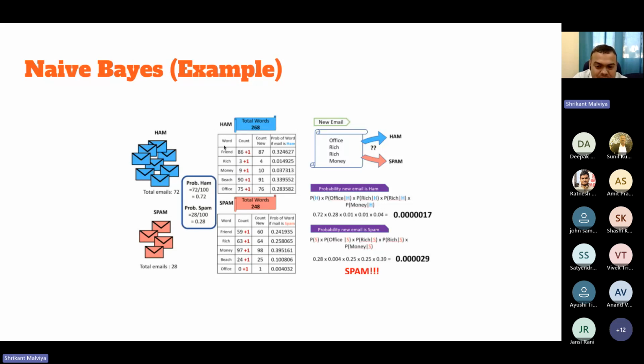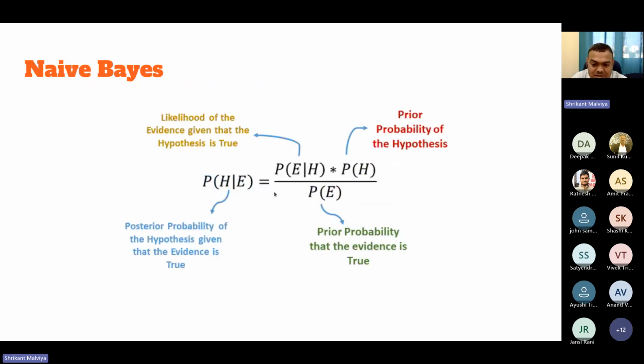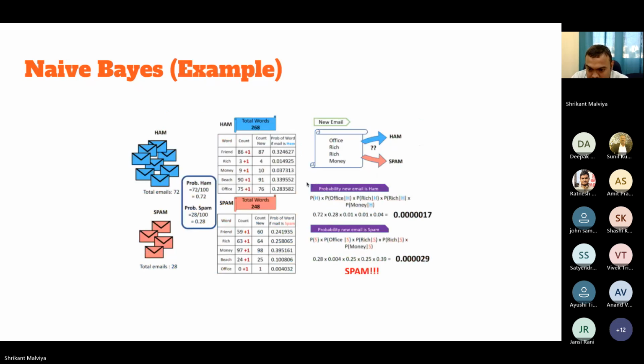These probabilities are nothing but the likelihood that we discussed in the previous slides. These probabilities are estimated from the given data. It says the word friend occurred 87 times in total, and it belongs to the ham class.